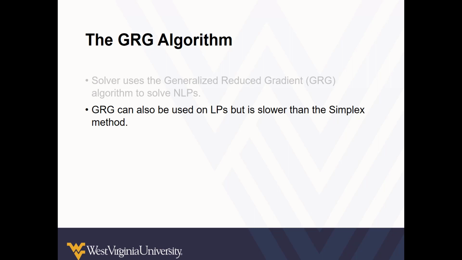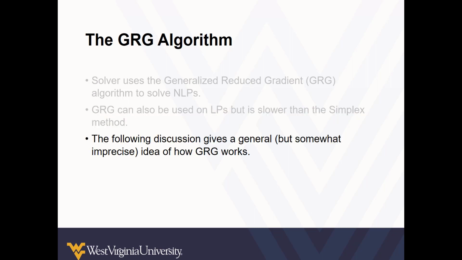But in reality, problems can get very complex, so it is important to choose the right method. The following few slides give a general but somewhat imprecise idea of how GRG works.